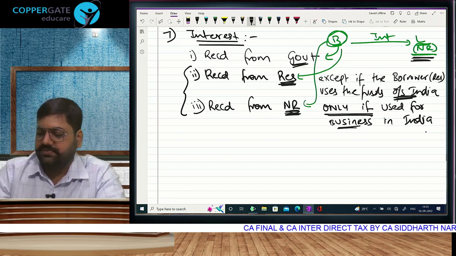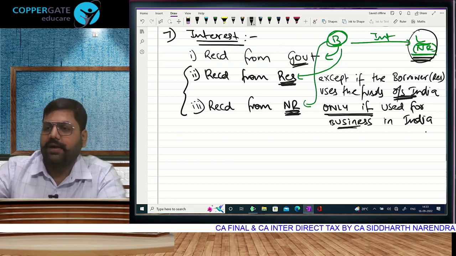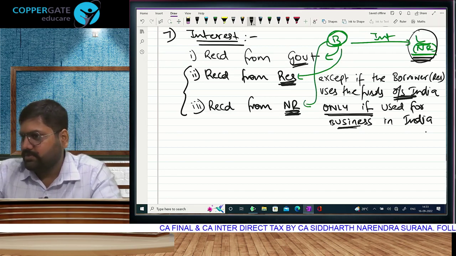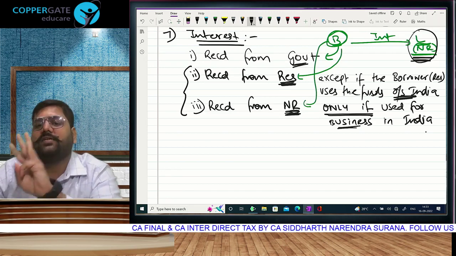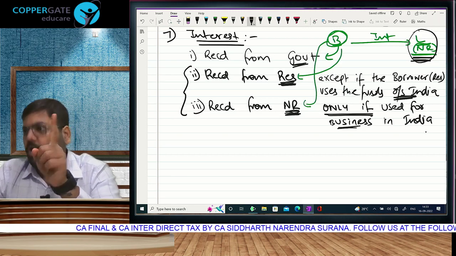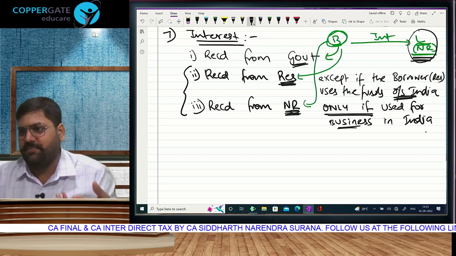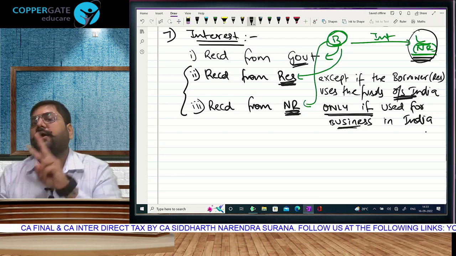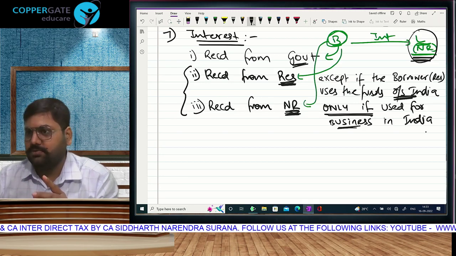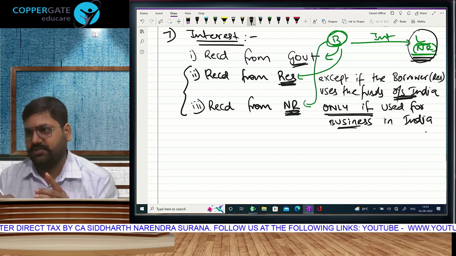In these 3 cases, we are interested in this only when the lender is non-resident. Otherwise, the discussion would not have taken place. So, what are the 3 occasions where interest income will be treated as Indian income? First, paid by government. Second, paid by a resident when the funds are used in India. Third, paid by a non-resident for business in India.